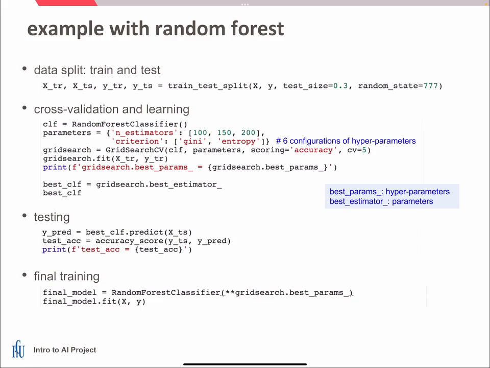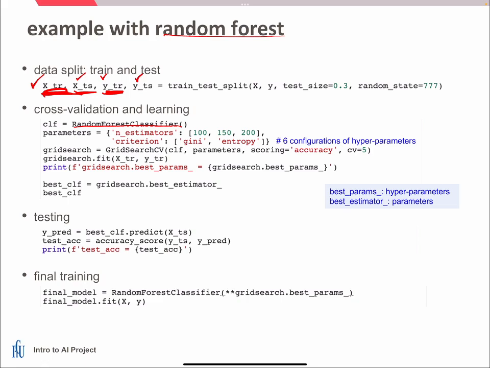Okay, so this is the final example. We're going to use random forest here. First of all we split the data, so now we have training x and training y, and test x and test y.